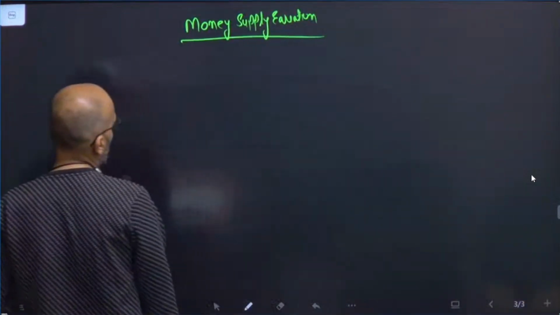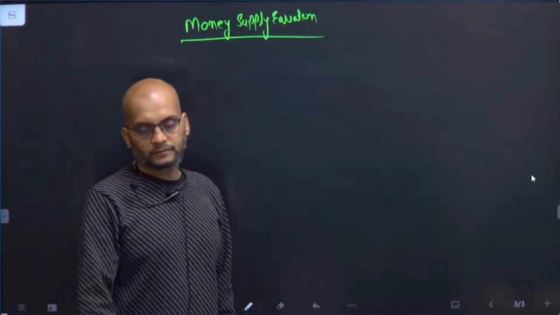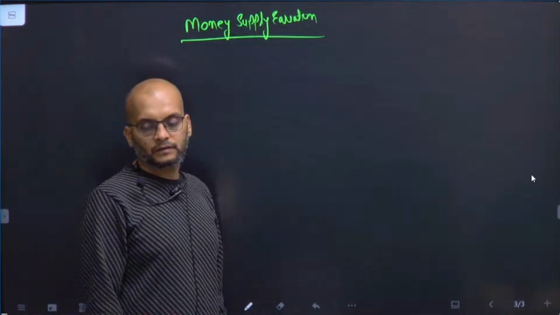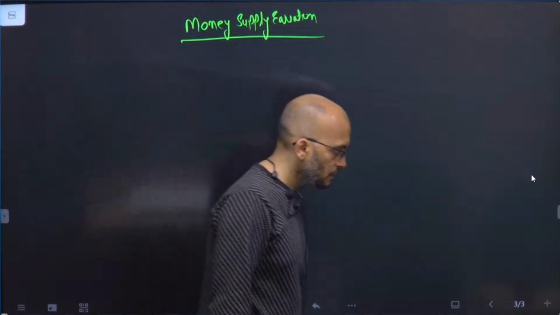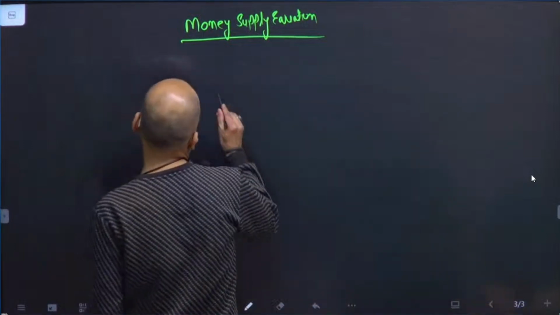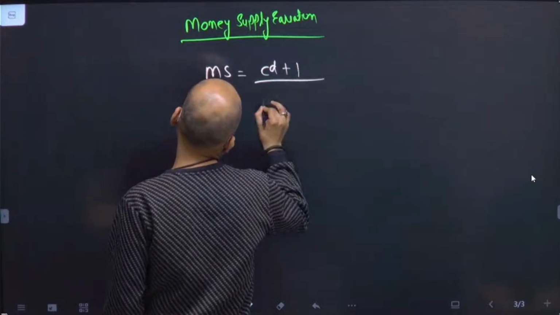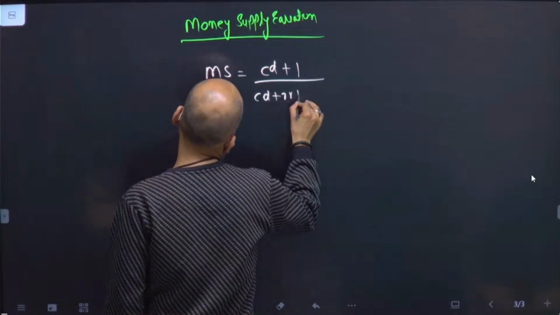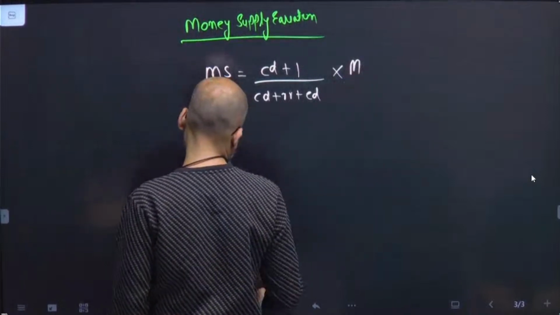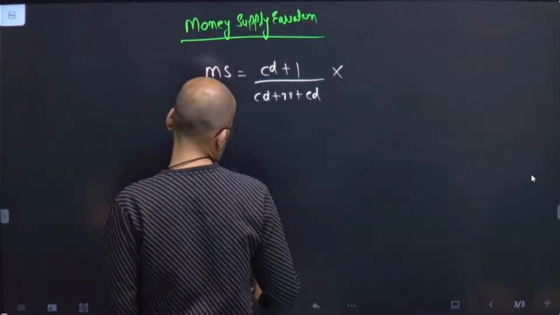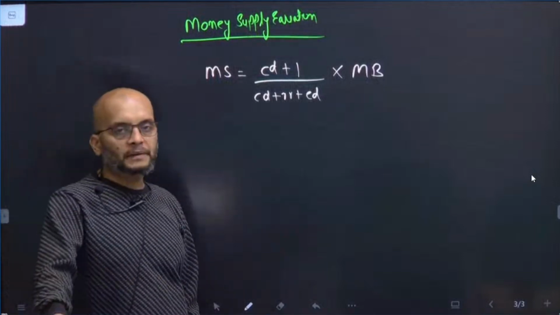So money supply equation. What is money supply equation? No, I'm talking about equation. This is your money supply equation.